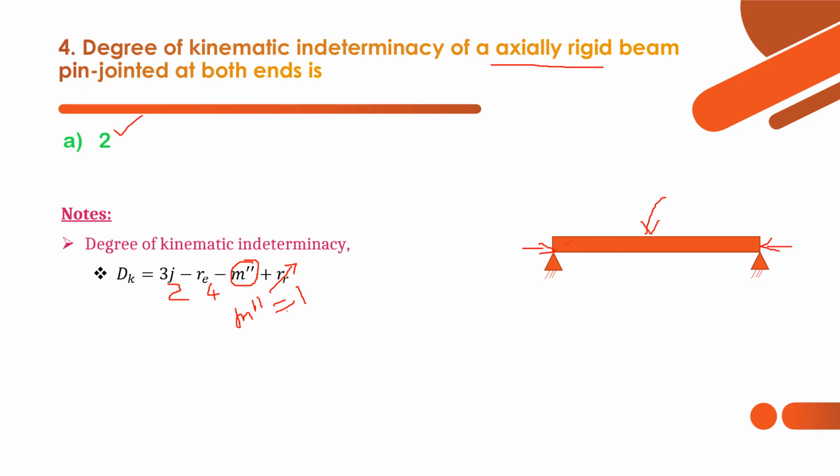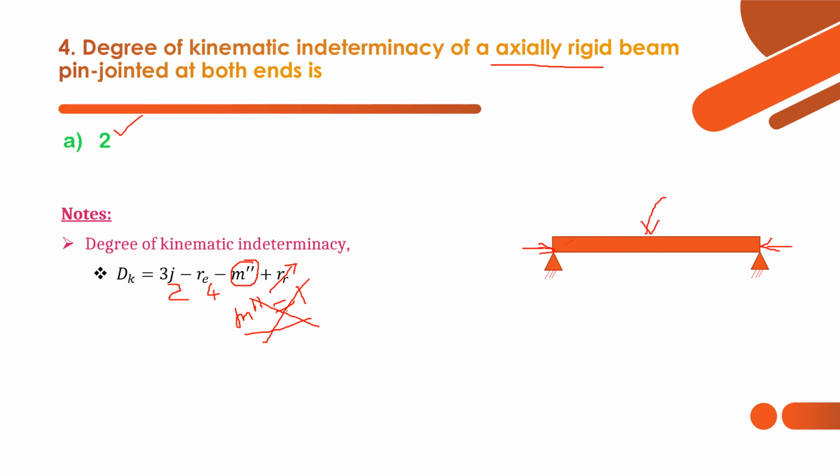Whether the beam is axially rigid or axially flexible, horizontal movement is already restrained. So we don't have to consider m double dash equal to 1 in this case. We have to be careful about when we consider m double dash, the number of axially rigid members that we subtract in the degree of kinematic indeterminacy.